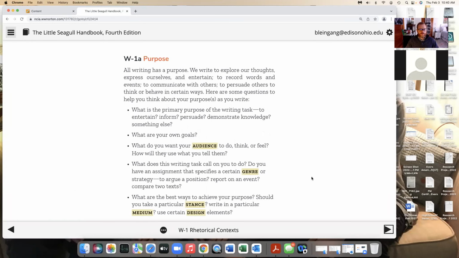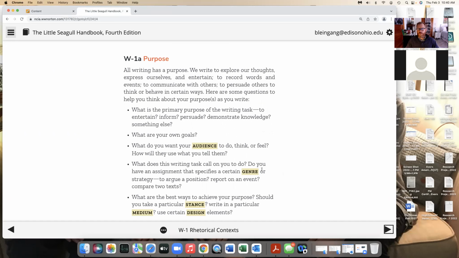And we talked about this a little bit last week. Every piece of writing has a purpose, whether it's a note that we're writing to a family member while we're gone, an argument paper, a letter to the editor, a love note, whatever. They all have a purpose and an audience.